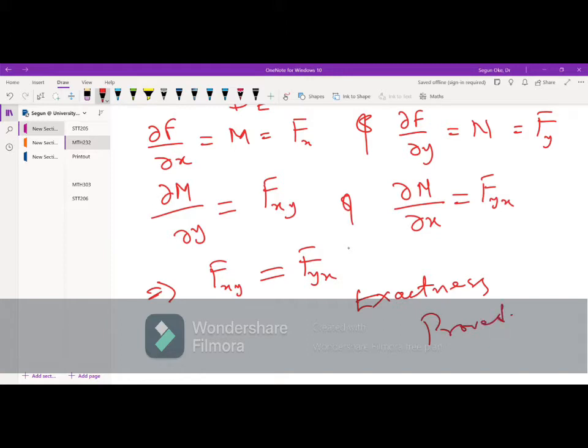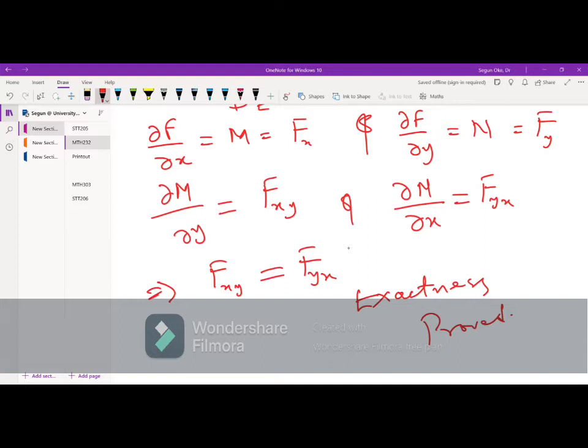Now we'll look at examples of exactness, and at how many are exact and how many are not exact. In your paper too, they can ask you to test whether a particular equation is exact or not.